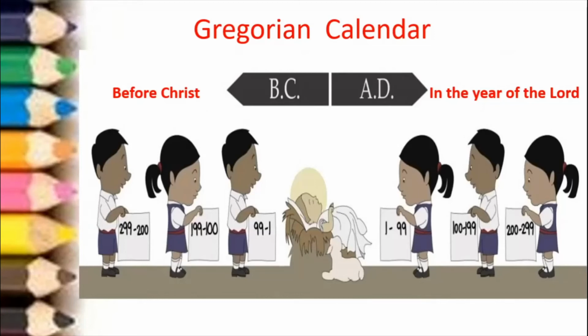This is just one way, children, of calculating time. One of the methods, one of the events which is taken into consideration here. What is the event? It is the event of the birth of Jesus Christ. There are many such more events, okay, from where we have started calculating different eras.